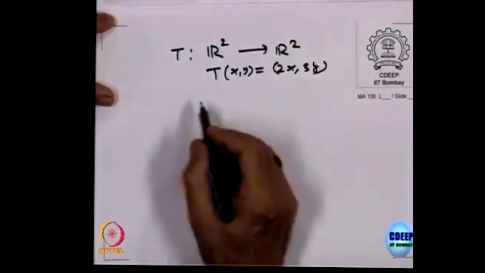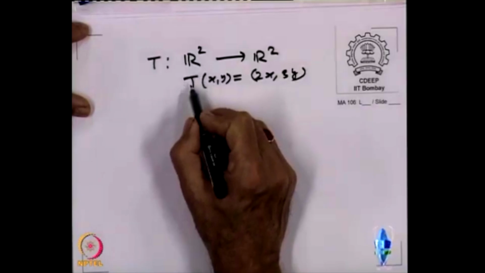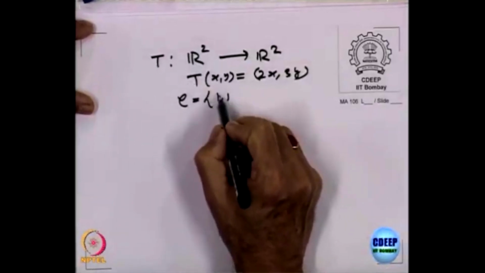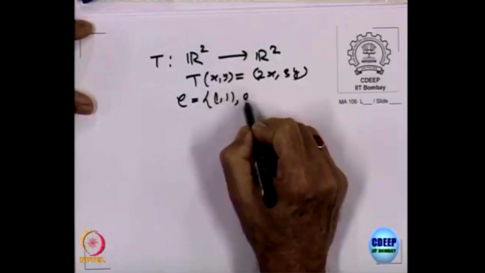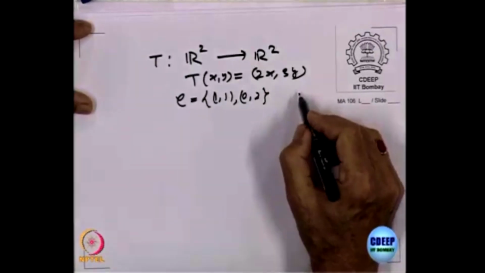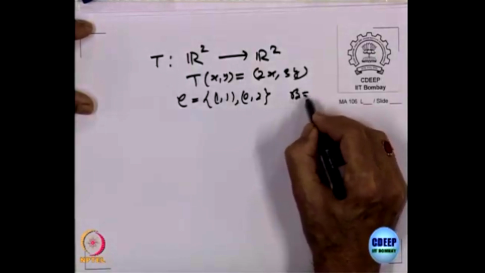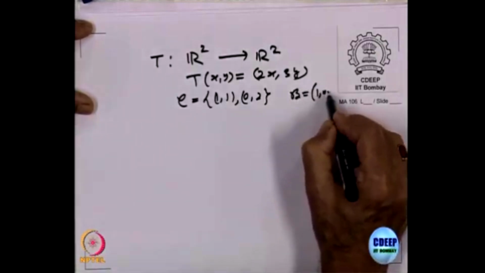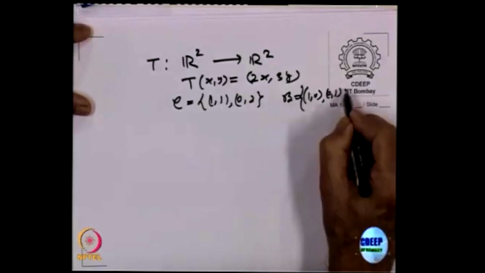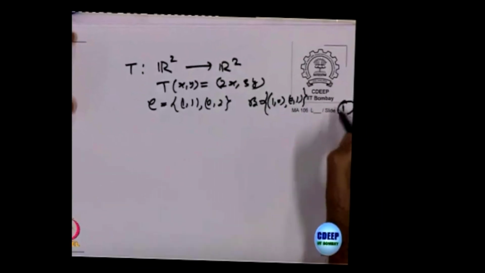What is the basis here in the domain? That is given as C. The basis is 1 1, 0 2, and the basis on the codomain is given by B, which is the standard basis 1 0, 0 1.